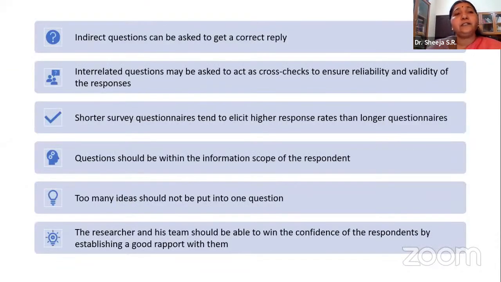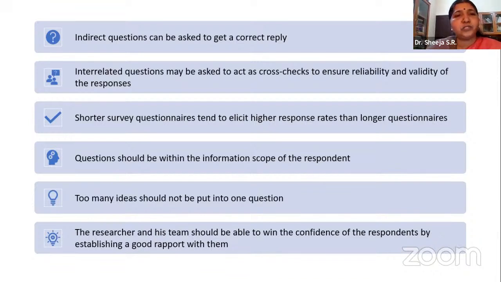And yes, in certain situations, we can use indirect questions to get a correct reply. For example, if you are asking about the monthly income of respondents, most often they will not give the correct income. So you can ask certain indirect questions to get an idea about the financial status of people. Then interrelated questions can be asked to cross-check and ensure the reliability and validity of the responses.